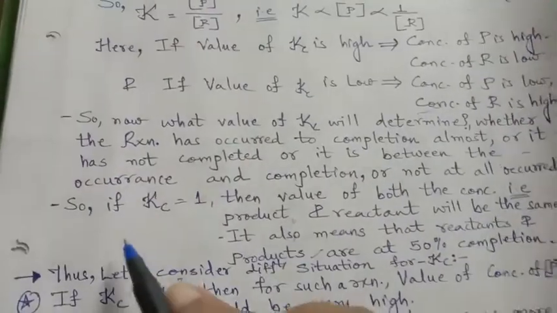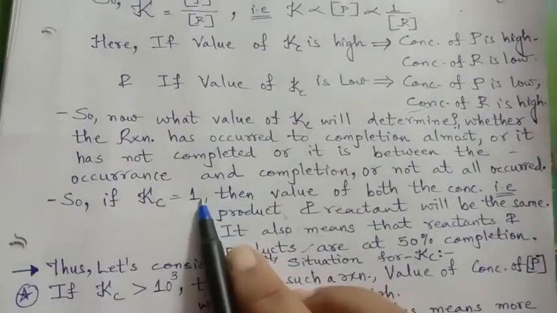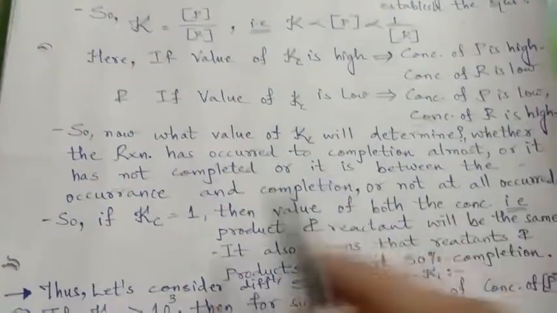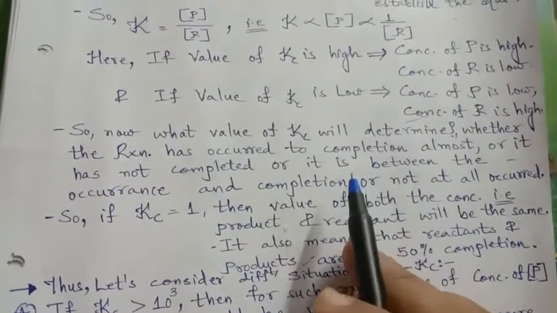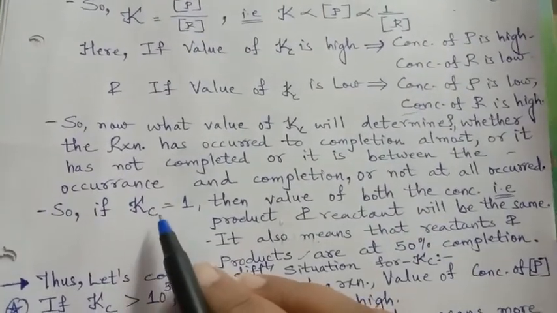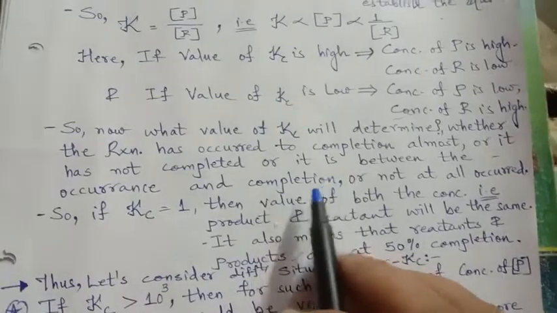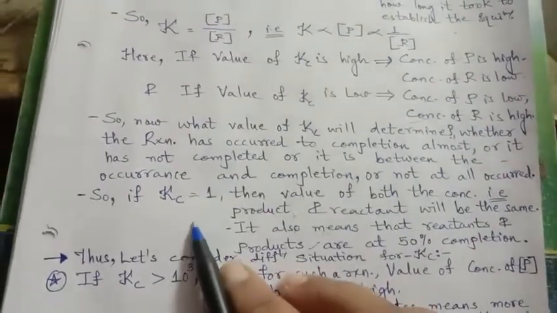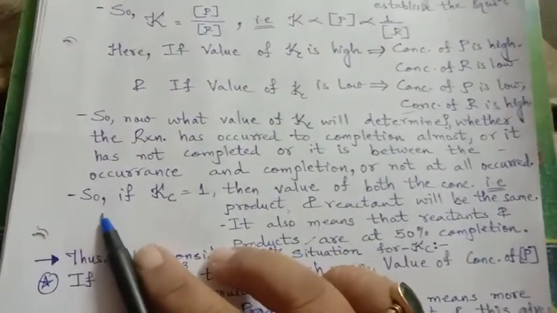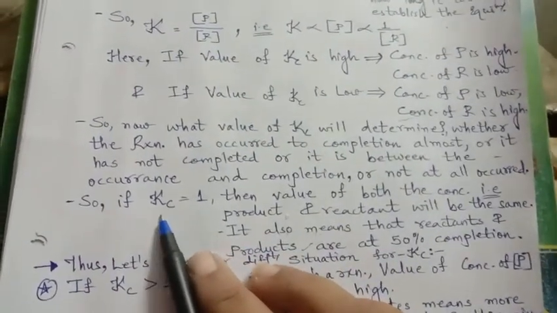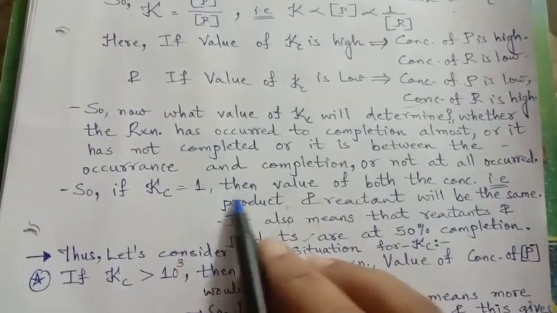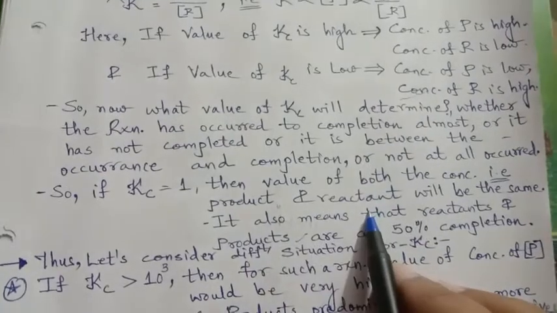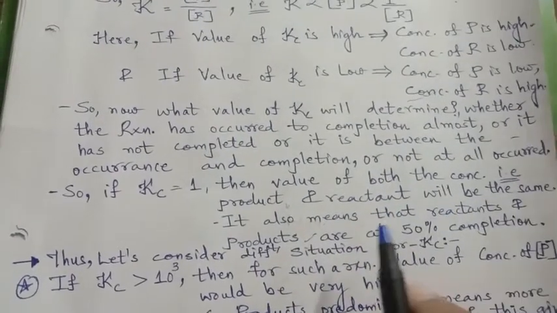Now, when we want to get the idea of this whole extent, there must be some numerical value of Kc which will give us a little idea. So here we will have 2-3 situations. First, if the value of Kc is equal to 1, then the concentrations of both product and reactant will be the same.